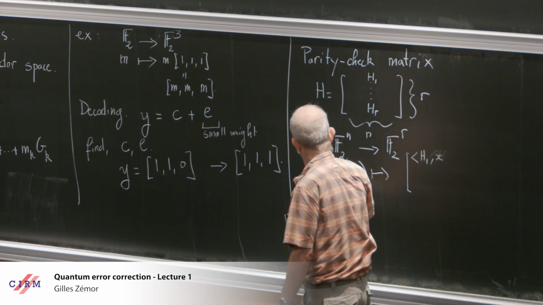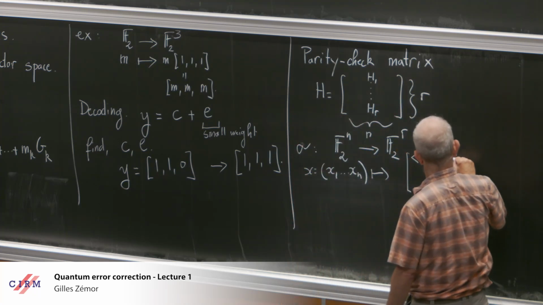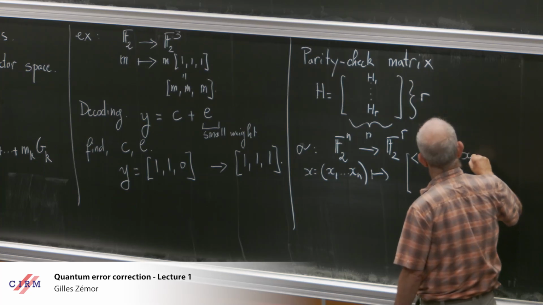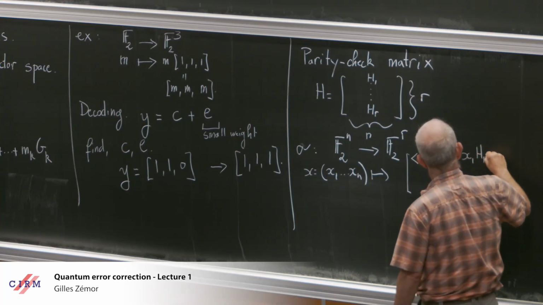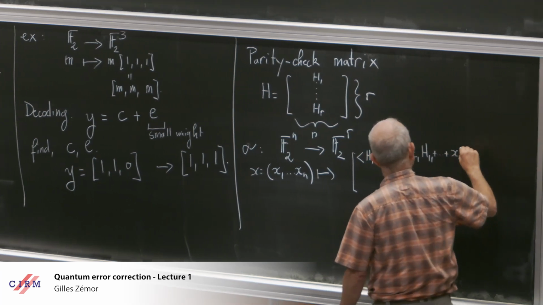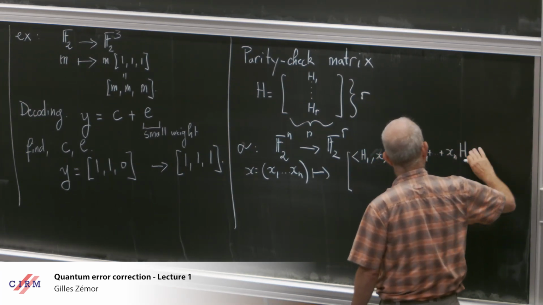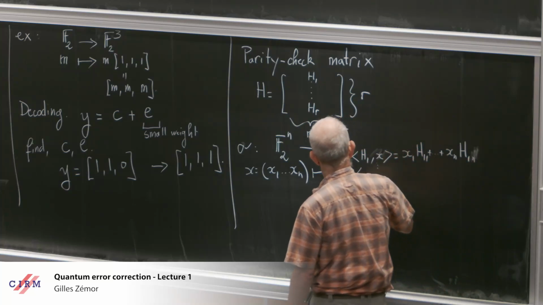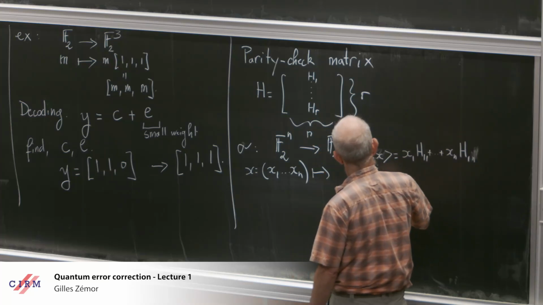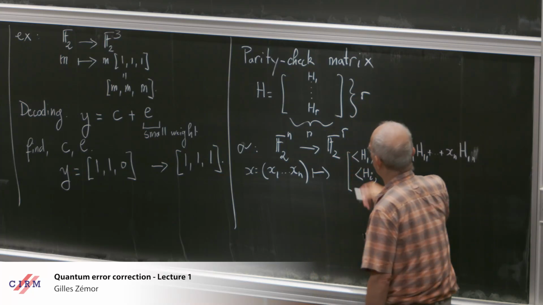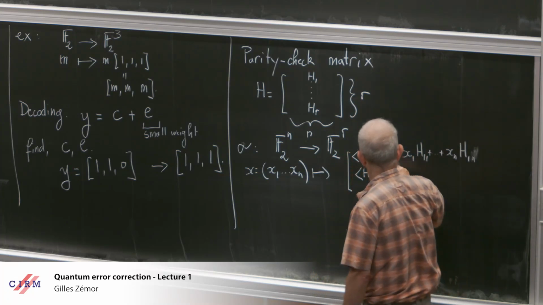X is the vector. So if you prefer, explicitly, this is x1 multiplied by h11 all the way to xn multiplied by h1n. And similarly, for the other coordinates, the ith coordinate of the syndrome is the inner product between x and row hi of H.